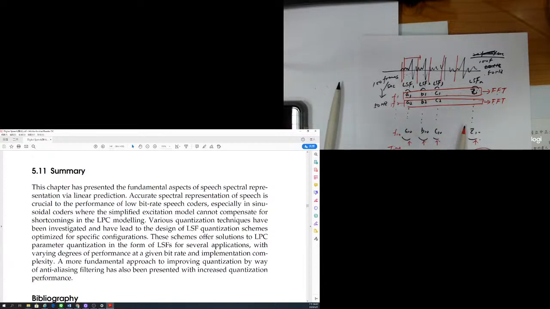So during quantization, we have to know they are stable. So first, we transfer to the PARCOR, so that during the quantization we know they are stable or not. However, PARCOR did not consider that they are quantized, and it does not capture the interframe correlation.